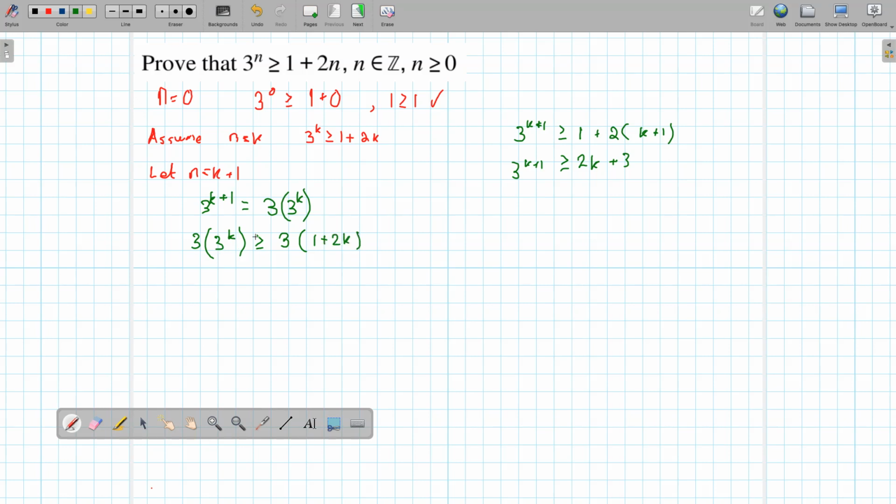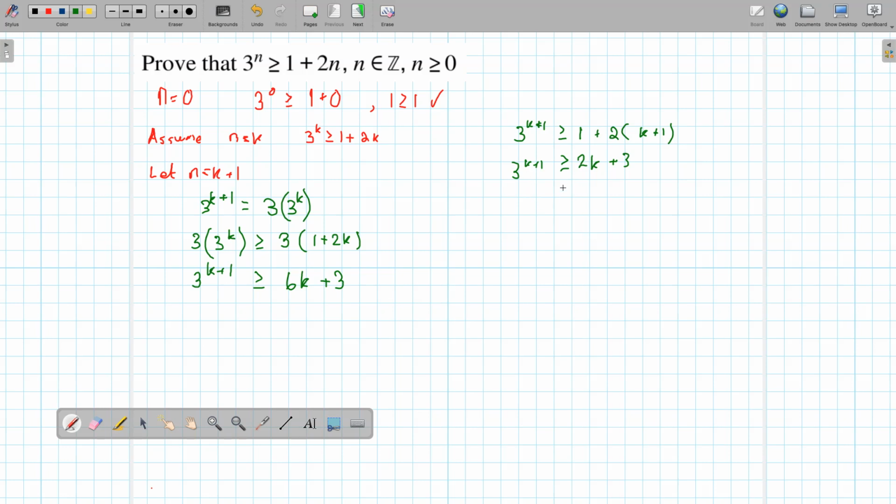So 3 to the power of k is greater than or equal to 1 plus 2k. That was our assumption here. And if I multiply them both by 3, where k is greater than or equal to 0, this will always hold true. So now I've got on this side 3 to the power of k plus 1 is greater than or equal to 6k plus 3.